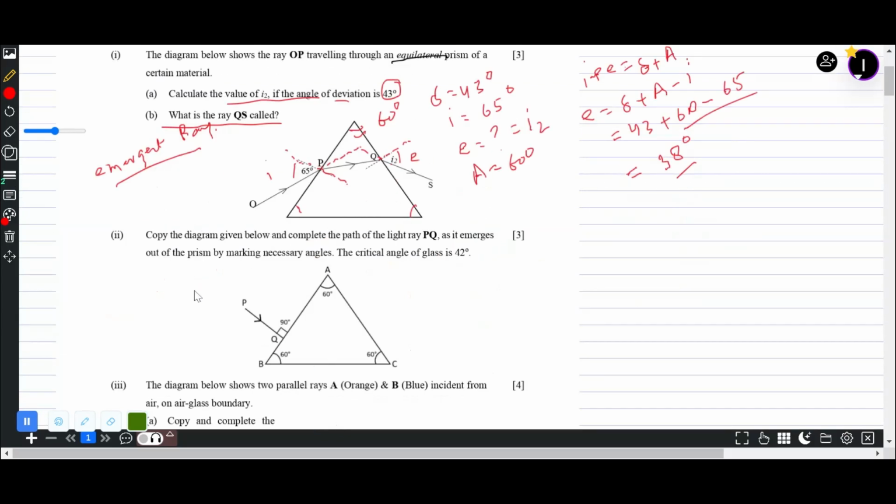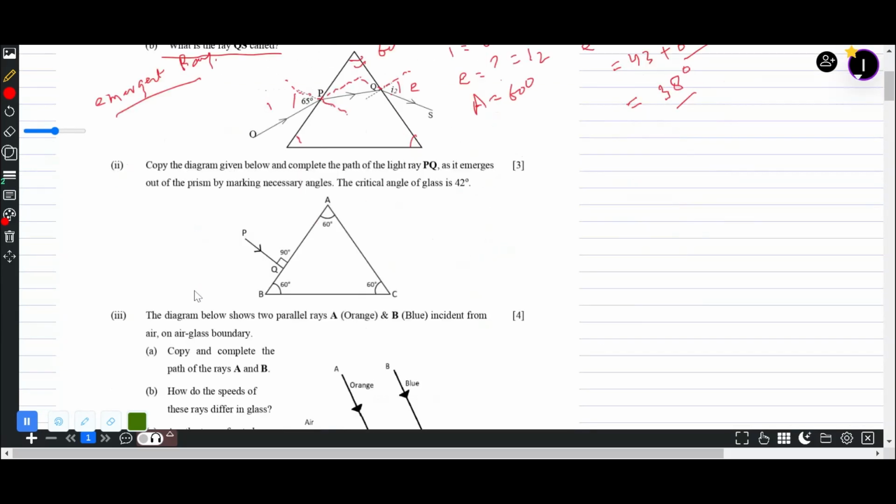Okay. Next question. Copy the diagram given below and complete the path of light ray PQ. Now I think I'll use some scale, otherwise I'm not too good with diagrams. This will strike on this face at an incident angle of 90 degrees, so the ray will not be deviating.